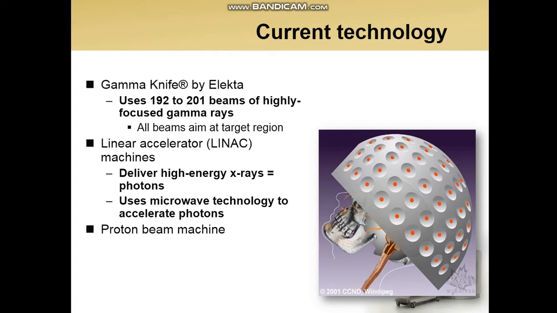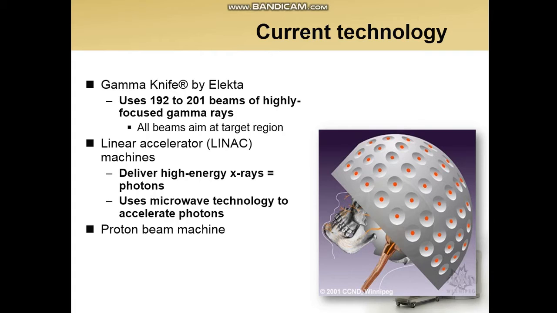Instead, gamma knife radiosurgery uses specialized equipment to focus about 200 tiny beams of radiation on a tumor or other target with submillimeter accuracy.